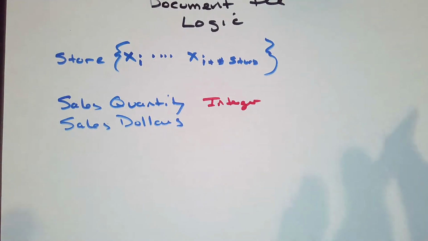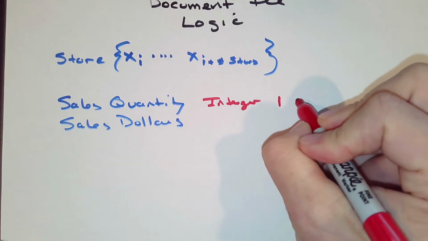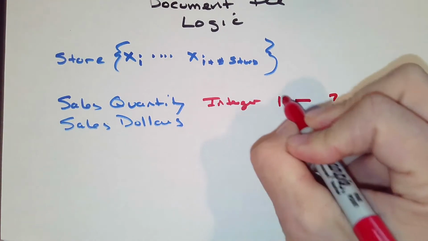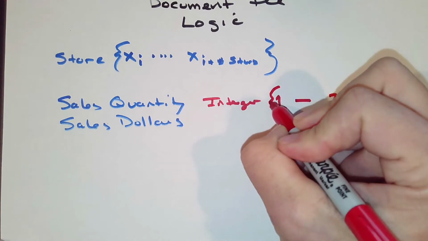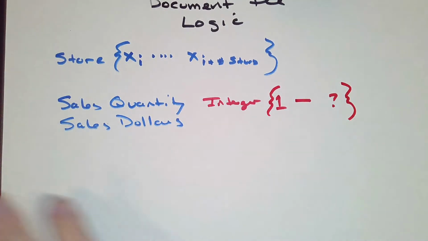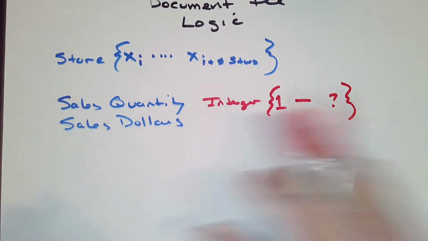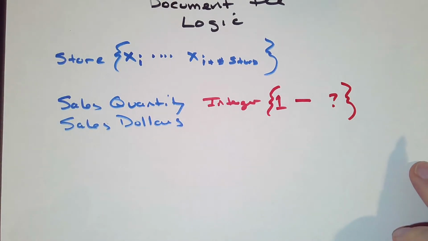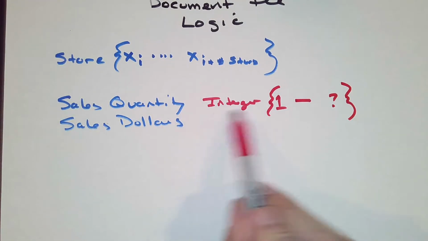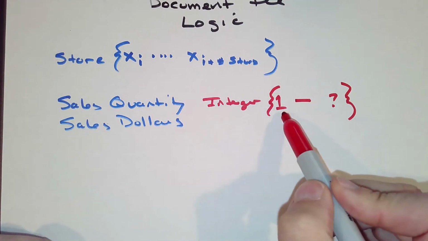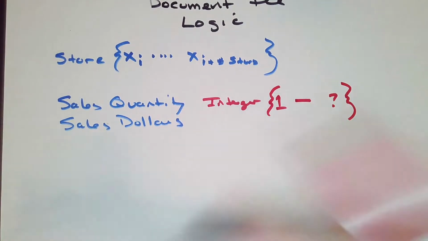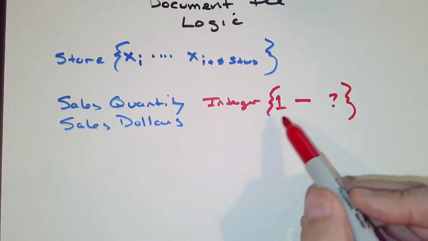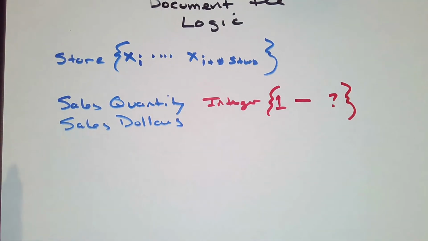Whole number, integer, from 1 to we don't know. We don't know what the range of that quantity is going to be. We don't know the mean, median, or any of the details. We just have an idea that it's probably an integer that goes from 1, because obviously if I sell nothing, it's not going to show up as a sale, to some unknown quantity.